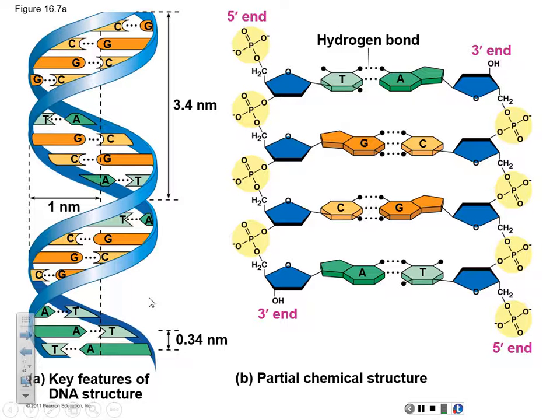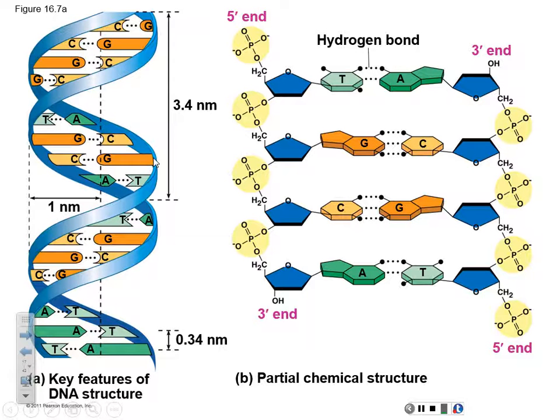And Watson and Crick take her insight, take Chargaff's rule, and they stack their model up in this way. The 1 nanometer is essentially the distance between the beginning of a nitrogenous base on one side of the strand and the end of the nitrogenous base on the other side.